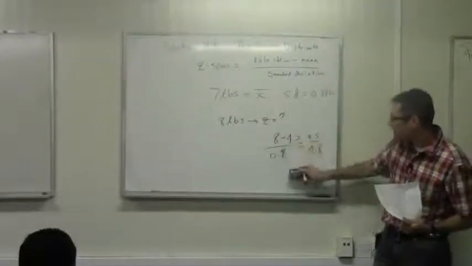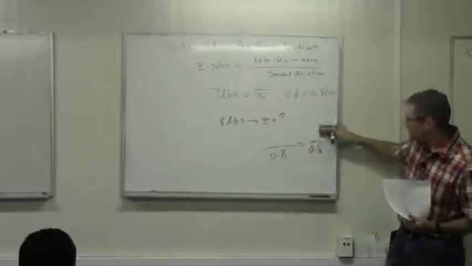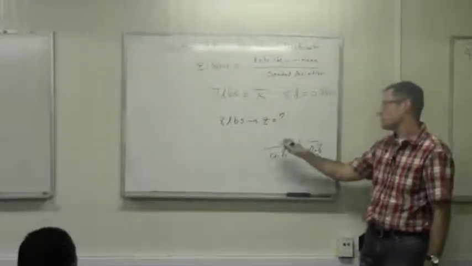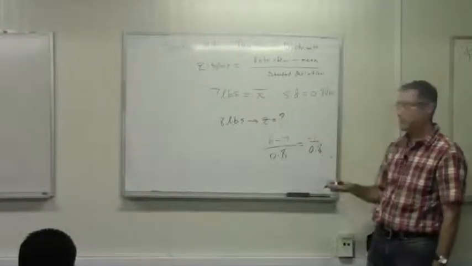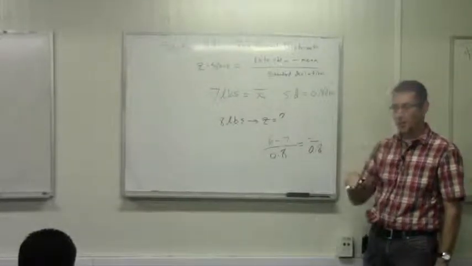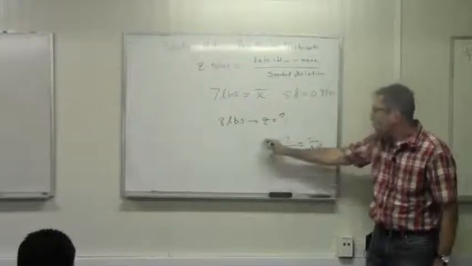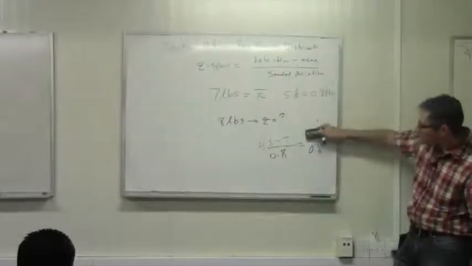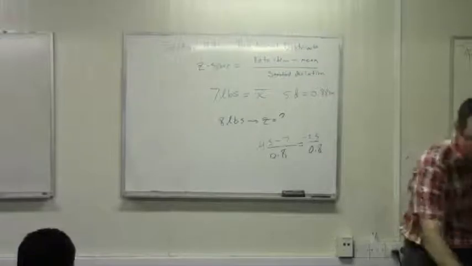Sorry, I've been doing this wrong. We have been doing this wrong. You guys aren't fixing me on these. Let's do yours again. You said you were 6 pounds? Actually, yours is going to be the same. 6 minus 7, negative 1 divided by 0.8 means you were negative 2.5. Still within that range. 4.5 minus 7 is negative 2.5.